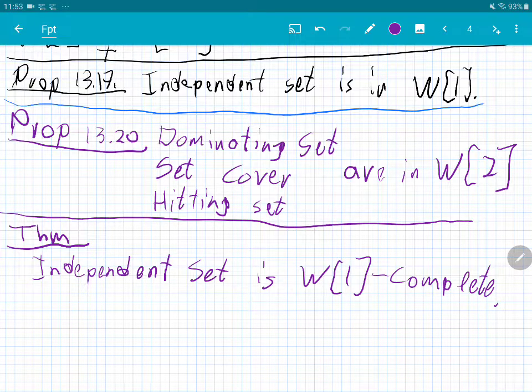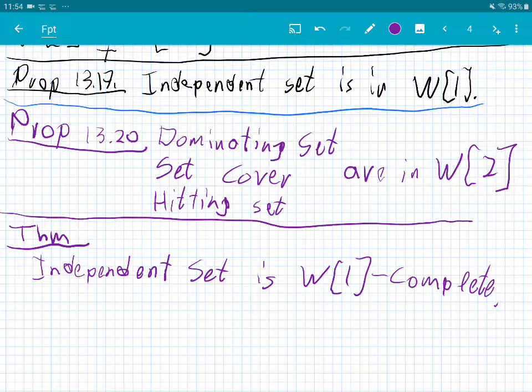Okay, so what do I mean by that? I mean that given any problem in W1, there is a polynomial fixed parameter reduction, right? We're not doing regular polynomial reductions, we're doing these fixed parameter reductions. There is a fixed parameter reduction into independent set, right?